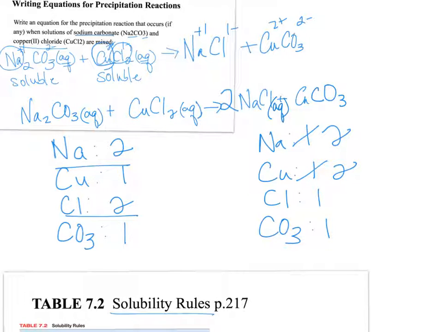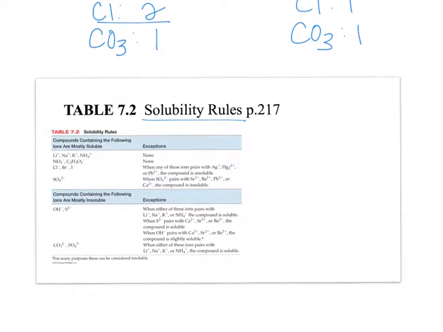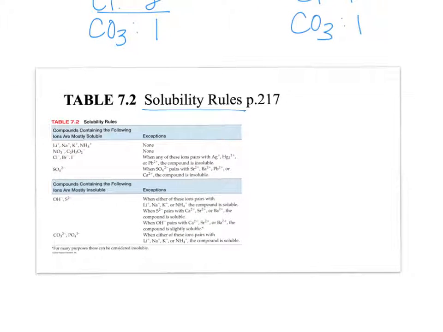The question is, copper carbonate, is that going to be soluble or insoluble? If it's insoluble, that's going to tell us that it doesn't dissolve, it's not aqueous, and it's going to become a solid, and that's going to form our precipitate. But first we have to make sure. So I'm going to go back down to my solubility rules, and I see that CO3 is showing up as insoluble, and copper is not an exception.